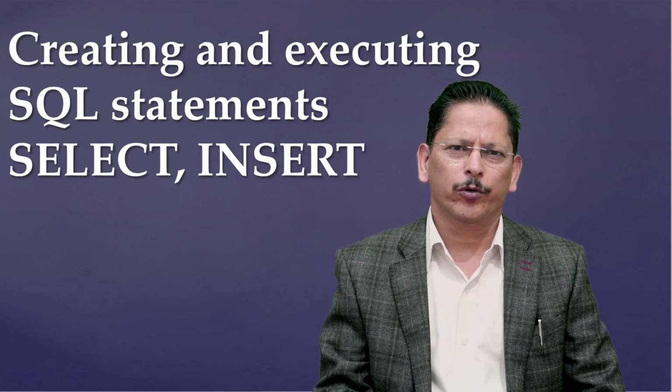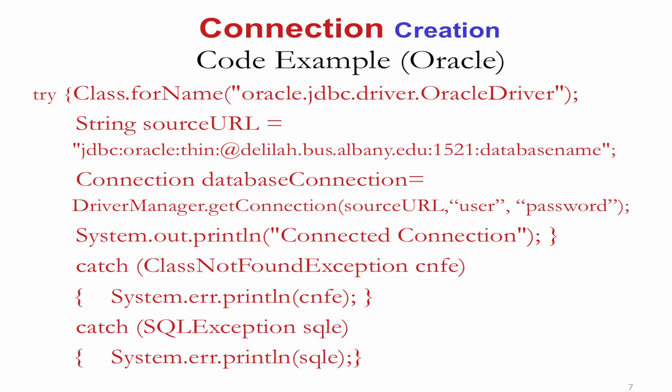Now see the program for this connection. Regarding the connection creation, this is the code example, and this is the Oracle program. Again you can see here try. Inside the try block we can use exception handling with this JDBC ODBC, so that's why we have mentioned the try block.